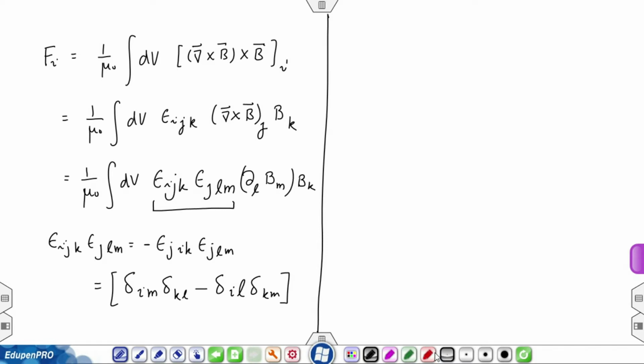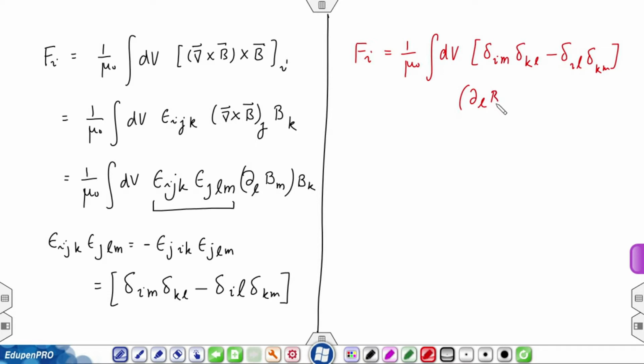And therefore, I get f_i as equal to 1 over mu 0 integration dV (delta_im delta_kl minus delta_il delta_km) multiplied by partial_l B_m B_k.